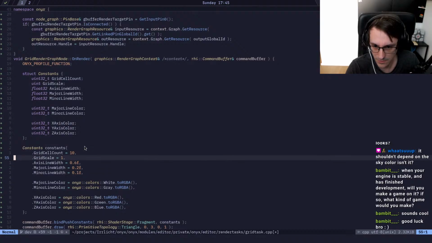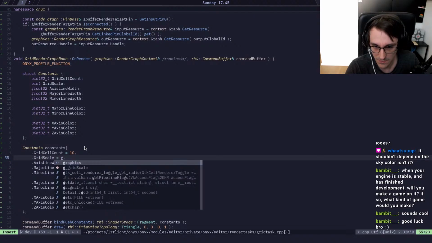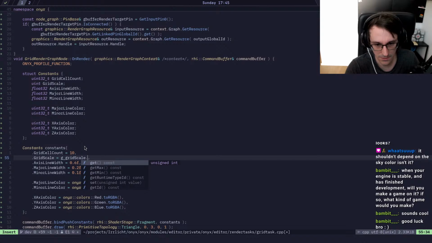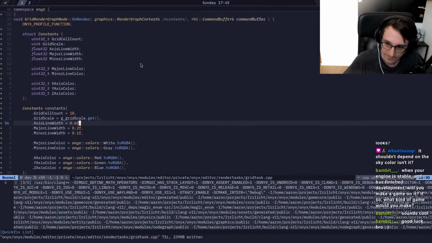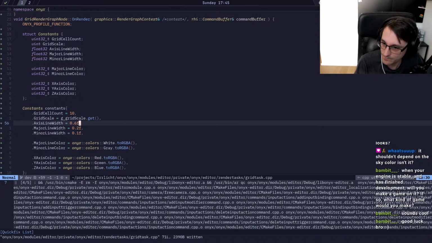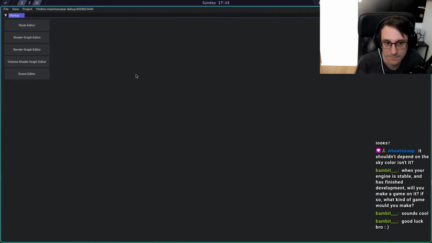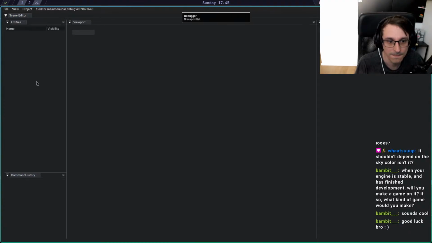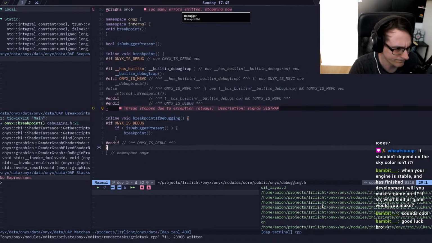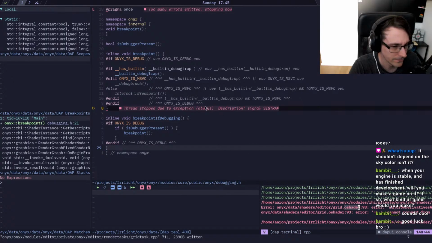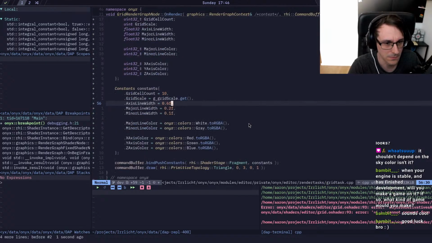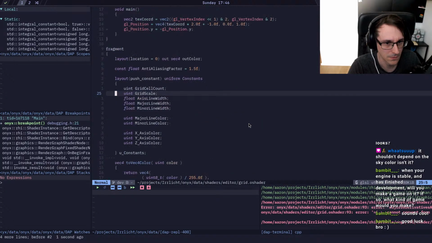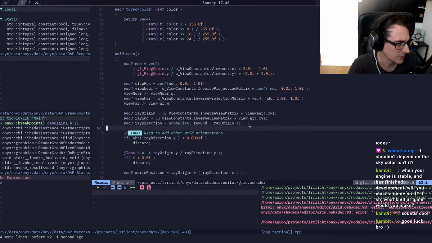And I think then we can do G grid scale get. Let's see if that works. Unfortunate. Oh, okay. What did I do? Major UV derivatives.